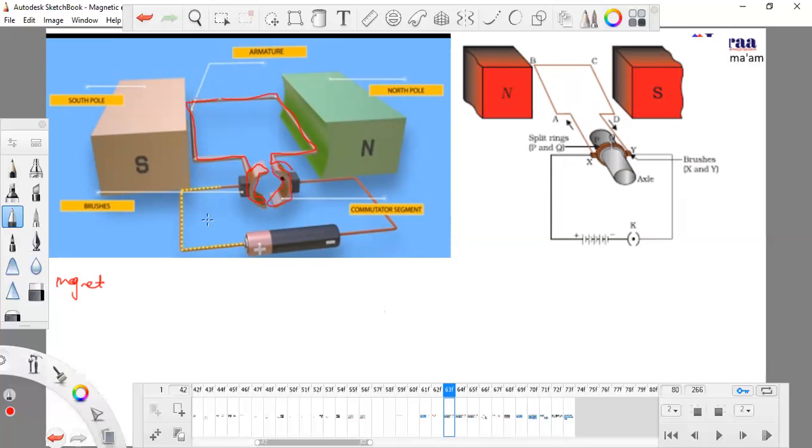This is the armature. And the third part is this black part. You can see this black part. These black parts are known as brushes.